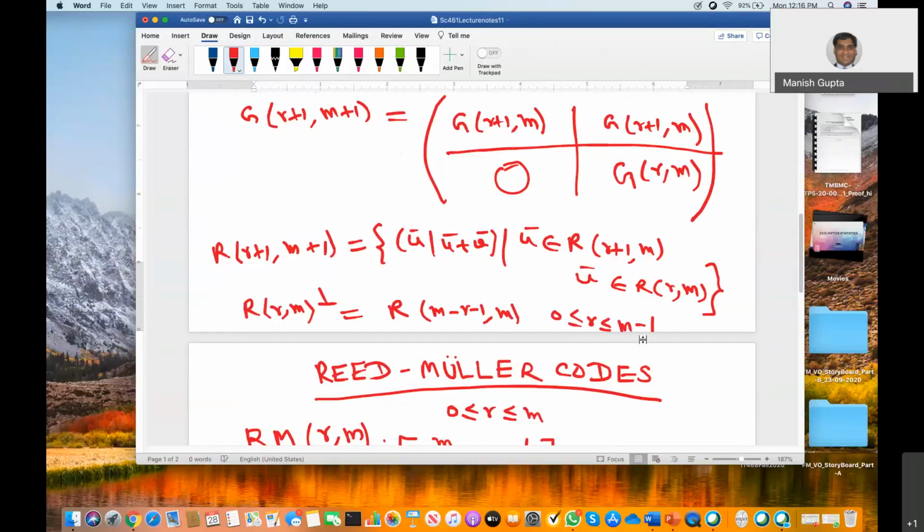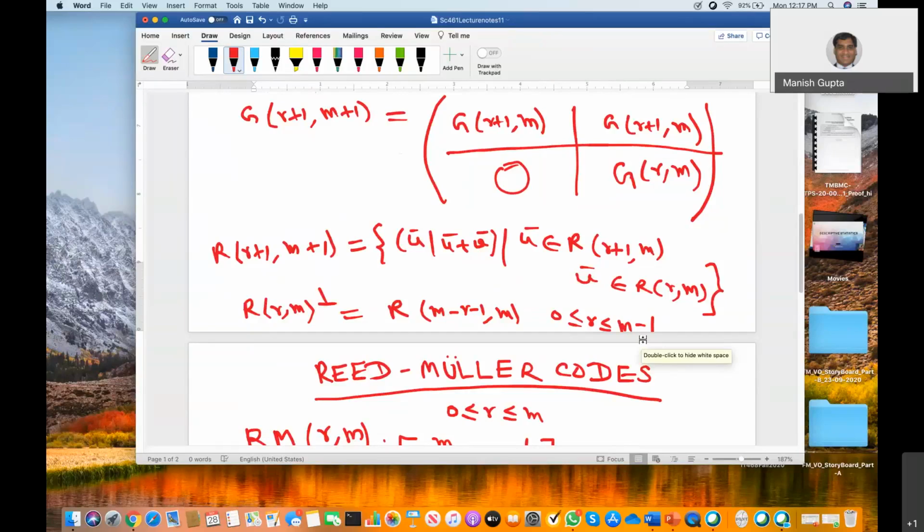Okay, so this is also another property about Reed-Muller codes. So this is all about Reed-Muller codes.